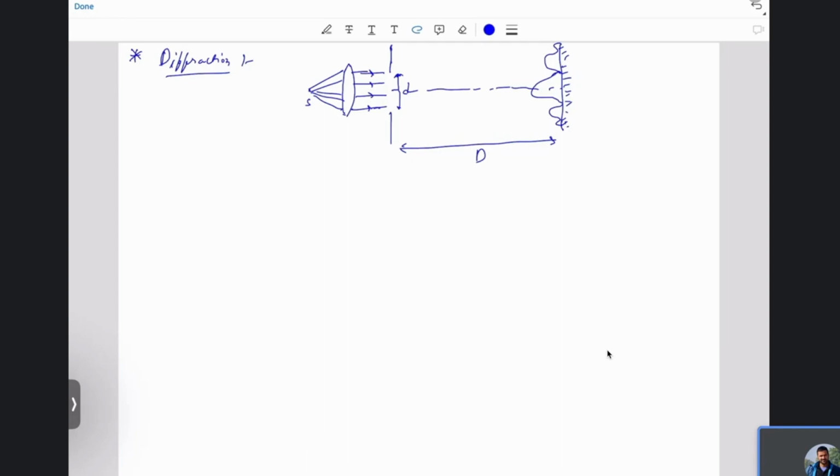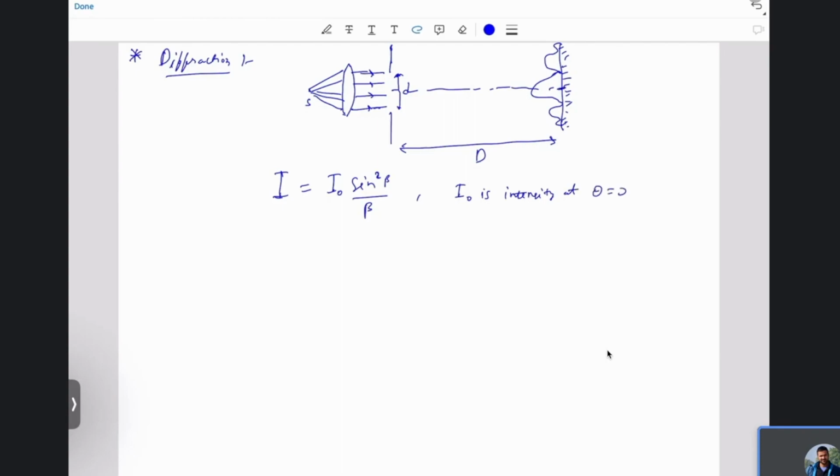So one formula is for these intensities, how they vary like this. The intensity distribution basically varies as I naught sine square beta by beta squared. So I naught represents the intensity at theta equal to 0, the intensity at this center middle point.